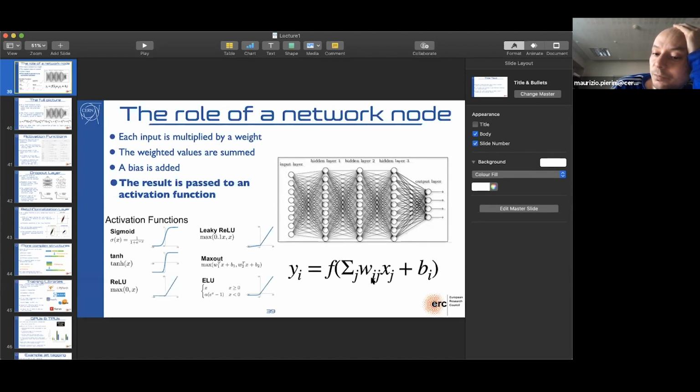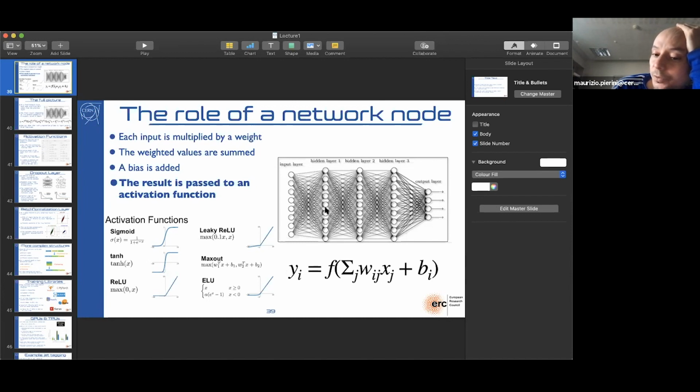So you will have wij, where i runs up to 10 and j runs up to 3. So it's a 10 times 3 matrix. And bi is a vector of 10 components. And then you do this matrix vector product. You sum across the index of the inputs, and then you have a 10-dimensional vector out of this sum. And then you add the other vector, component by component, and then you apply the activation function and you get 10 outputs. So this is the mathematics of the thing.